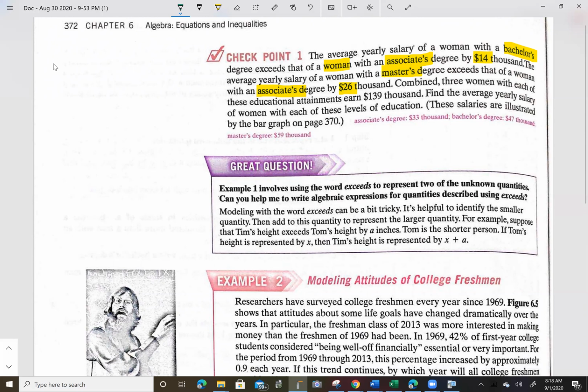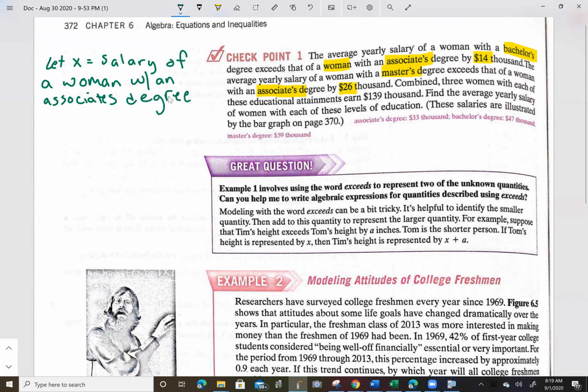Our variable, let x equal the salary of a woman with an associate's degree, and let's just put in there in thousands of dollars, and that way we can just use those numbers without all the zeros.